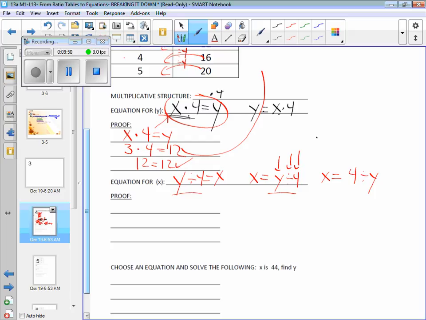When order doesn't matter, it's called the commutative property of multiplication, and it'll work for addition also. Can't do it with subtraction, can't do it with division.